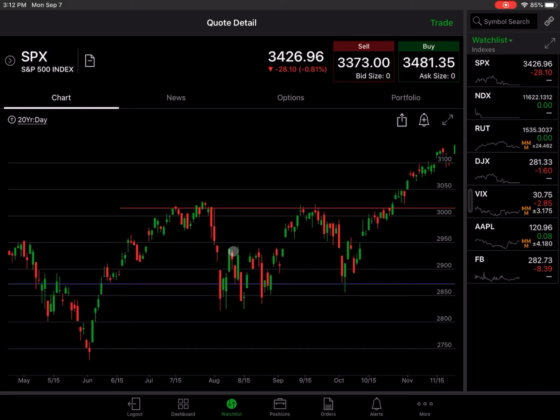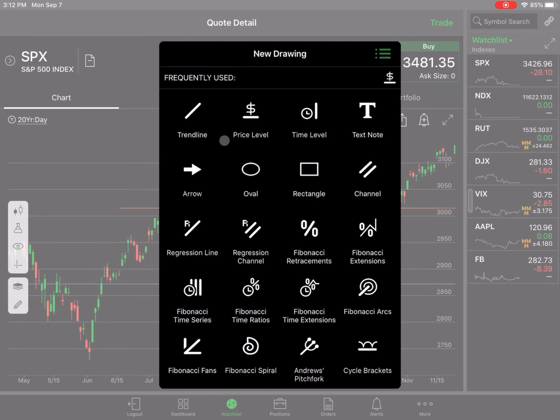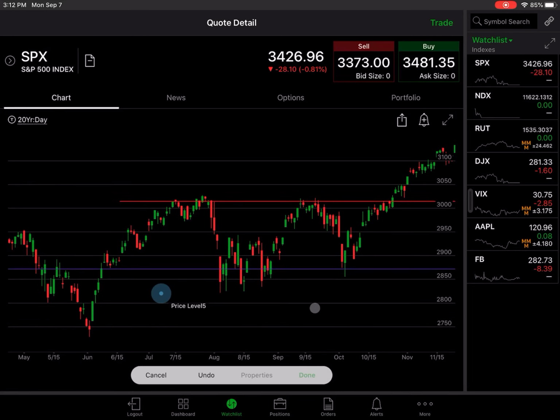Like, this isn't perfect. A perfect support line for this area would actually be this right here. If you had it down here, that would technically be your support line. And if you see here, you can actually go back a little ways and kind of see it stopped right around where that spot was right there.